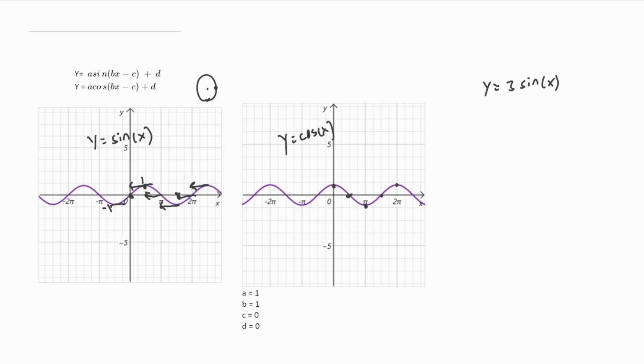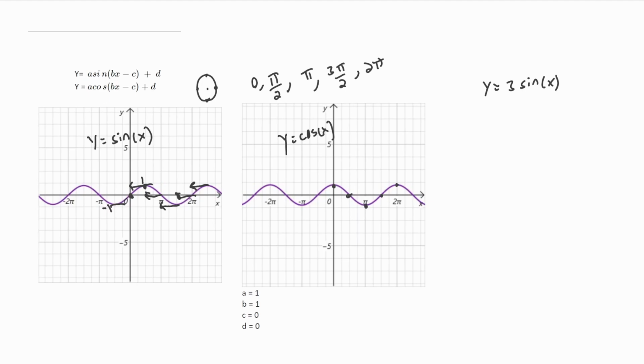And again, the key features are the quadrantals, because these we know should be at 0, 1, 0, -1, and then back at 0, and follow this pattern, assuming we haven't stretched out our function or anything else. So these key points in radians are going to be at 0, pi over 2, pi, 3 pi over 2, and 2 pi.